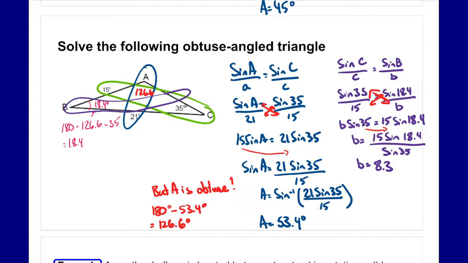We should find that the missing side is 8.3. So again, you want to be careful when dealing with obtuse angles. Just make sure you make a note if the triangle is obtuse.